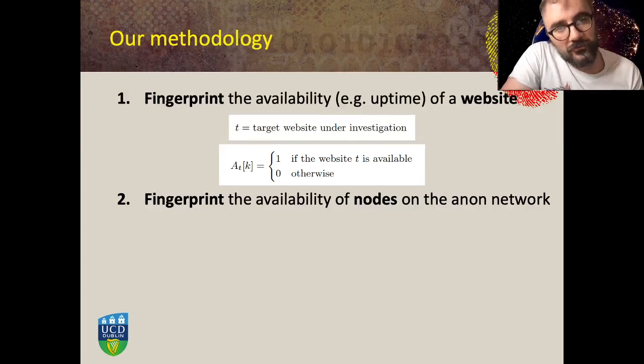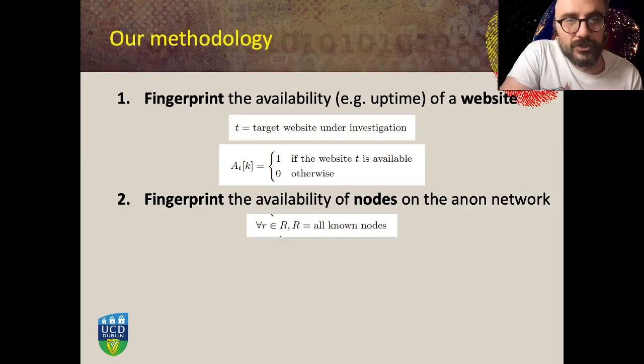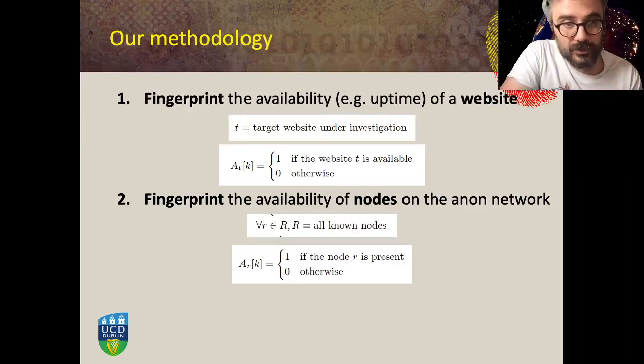What if we can also fingerprint the availability of all the nodes connected to the anonymity network? So all the nodes connected to the overlay network. So for each of the known nodes of the network, we generate a vector.